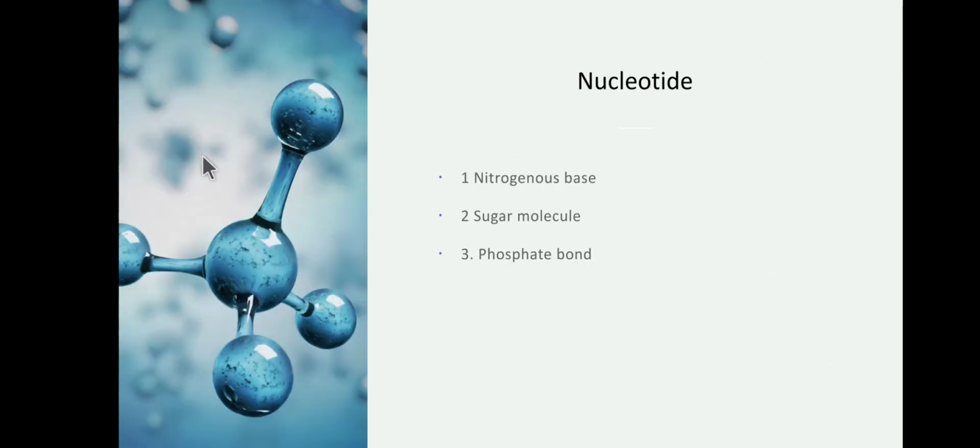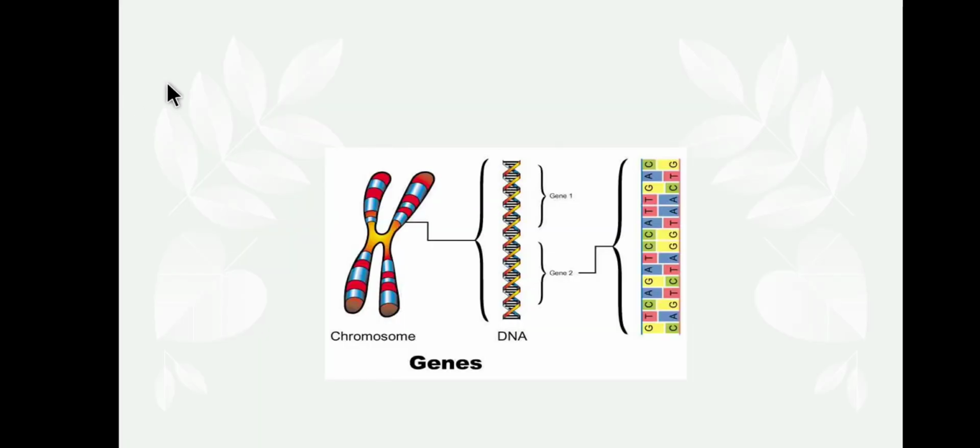A nucleotide is one subunit of DNA, which is made up of three constituents. First one is the nitrogenous base, second one is the sugar molecule, and the third is a phosphate bond. This is the diagram of a chromosome which is made up of DNA.